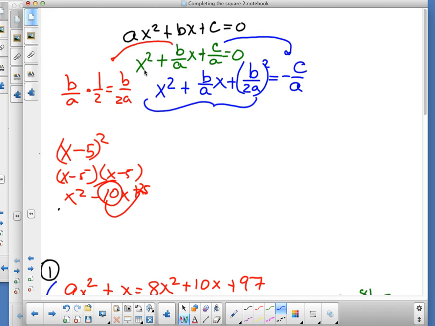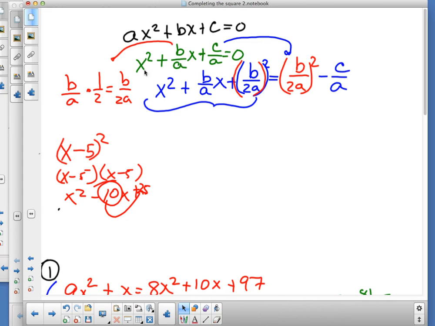That's a perfect square. And I got rid of the rest of the stuff over to this side. But because I added in b over 2a squared, I must add in b over 2a squared to the right side, I'll do that better this way. I've got b over 2a quantity squared because I want to make sure I stay in balance of what I'm doing, and I'm there. So that's the side work that I've got going.